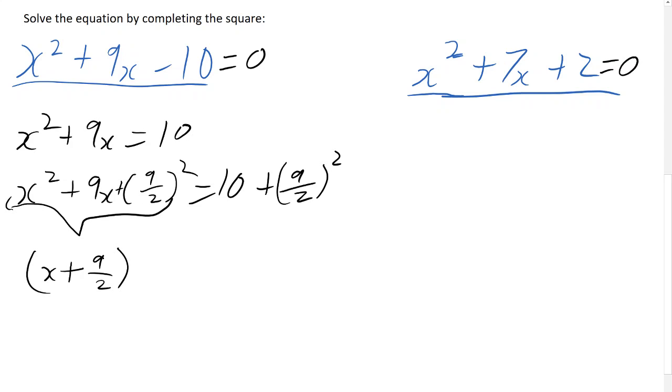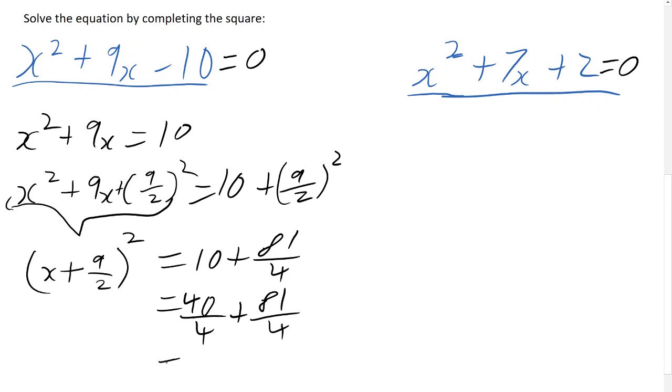We just have to take the square root of the third term for our second term here, then equals 10 plus 9 over 2 squared. So we can just simplify that now. 81 over 4, and for the 10, change it to 40 over 4, plus 81 over 4. That gives us 121 over 4.